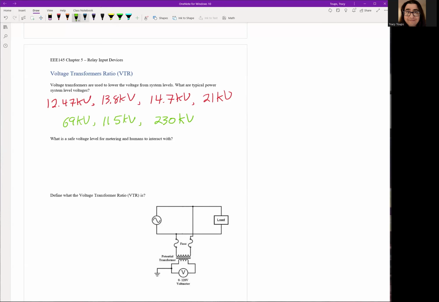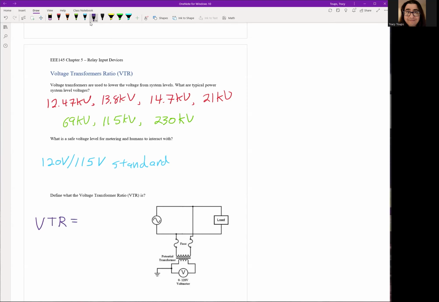Okay, all this is cool, but remember, this all should go down to a lower voltage level, which is 120 volts. And this is kind of standardized. When I say standard, I should probably write 120/115 volts, because 115 volts is a pretty standardized number too. Just like the CT, we have a VTR, voltage transformer ratio.